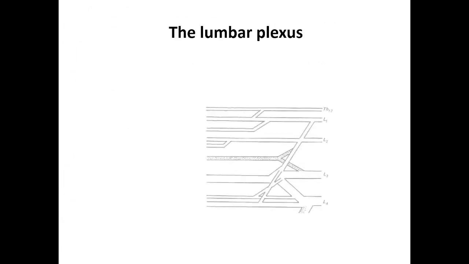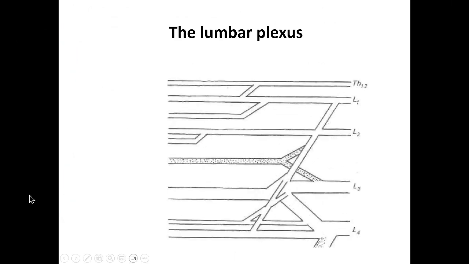And now the same magnified again, to understand that T12 forms nervus subcostalis. So nervus subcostalis is the prolongation of the T12 spinal nerve.